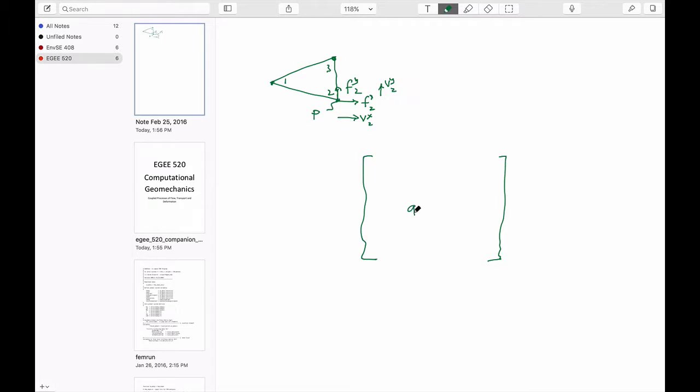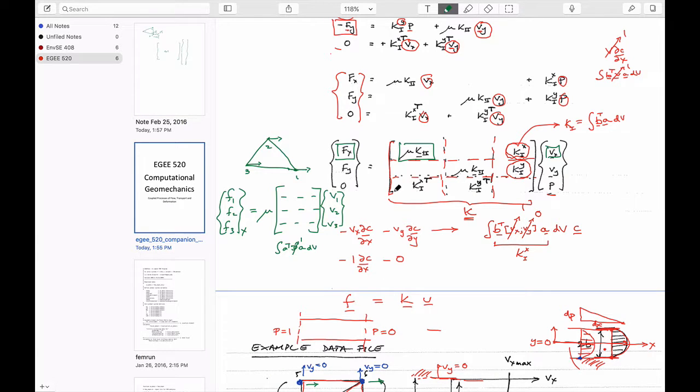It operates on nine nodal variables. What we had before leads us to think that we'd have velocities in the x direction at nodes 1, 2, and 3 as three components, velocities in the y direction at three nodes as three components, and then pressures at nodes 1, 2, and 3 as three components. And that's how we've chosen to write this.